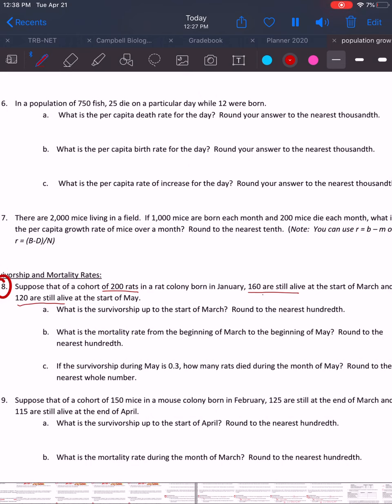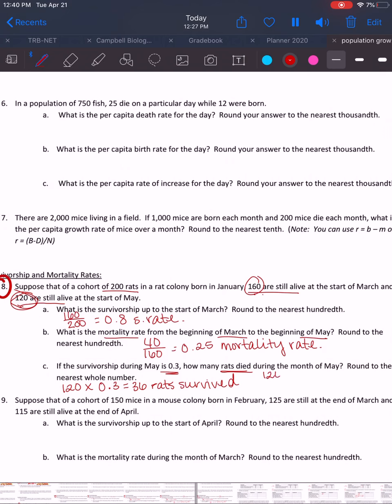So I'm going to have to go 120 minus those that survived, which was the 36. And that's going to give me 84 dead rats. Okay, so that's how you would calculate those there.